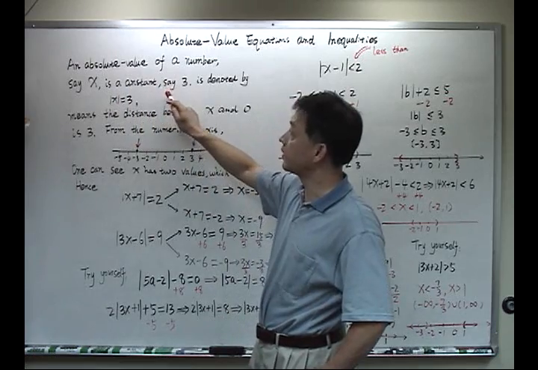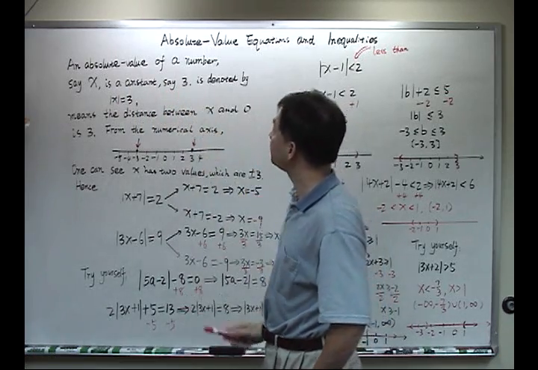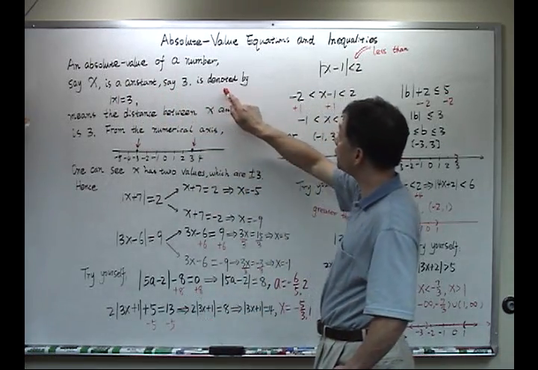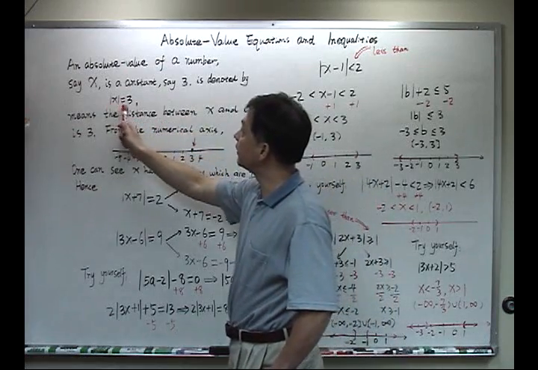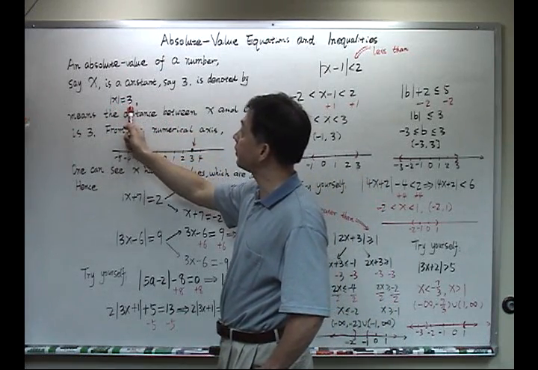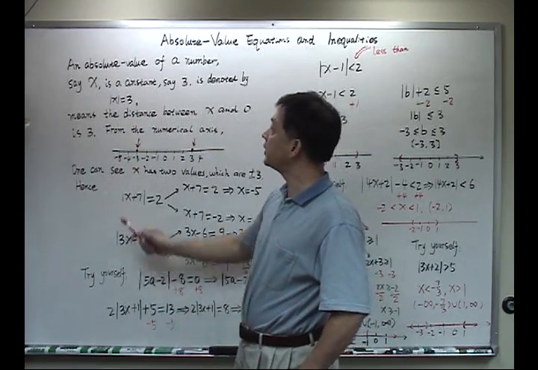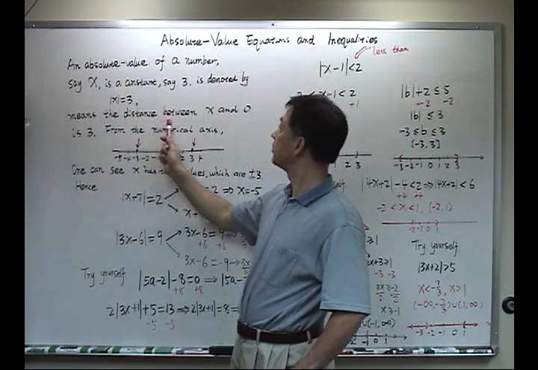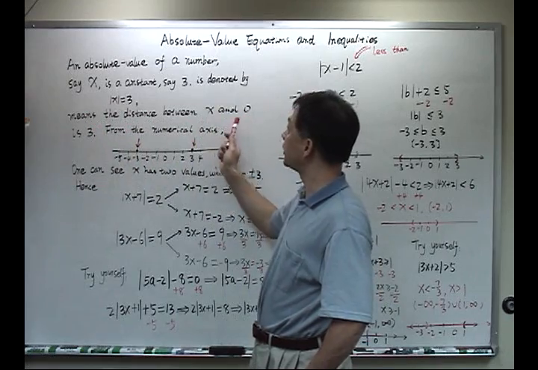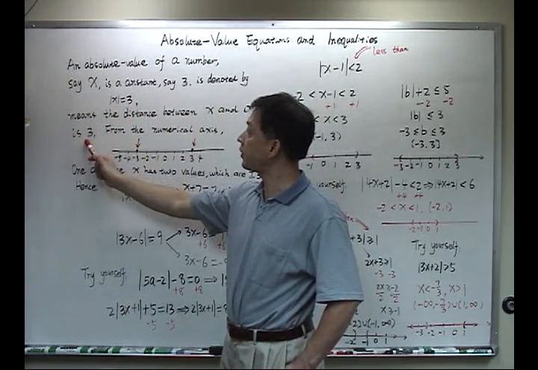Let's say this constant is 3. It is denoted by absolute value of x equals 3. That means the distance between x and 0 is 3.